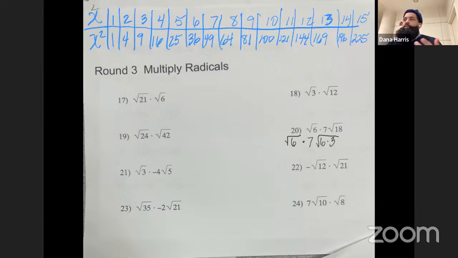So now what we can do is if I put them all together, I keep the 7 on the outside, and then I just simply say 6 squared, because there's a 6 here and a 6 here. And then times 3. So since I have 6 squared, I want to bring that 6 here. So I got 7 times 6 square root of 3.